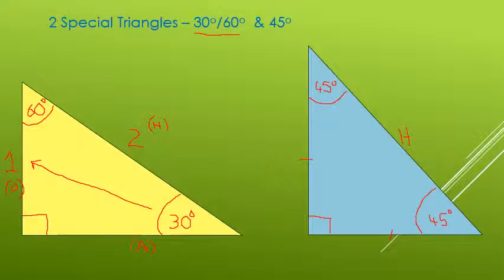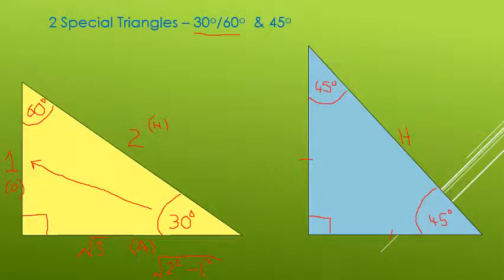Now, using Pythagoras, we can actually work out the length of this third side. So this side here would be equal to the square root of 2 squared, the hypotenuse squared, take away 1 squared. So we actually find that this length here is equal to the square root of 3.